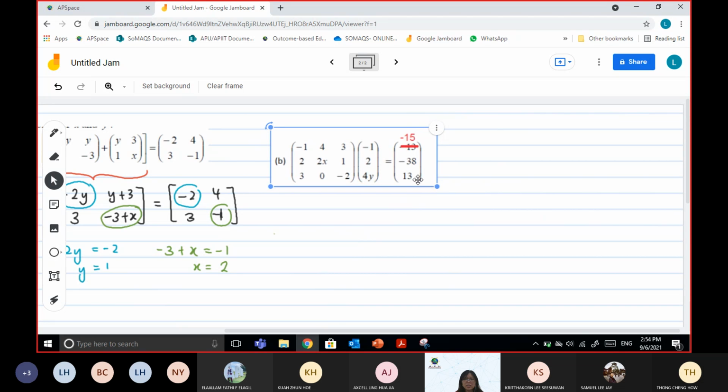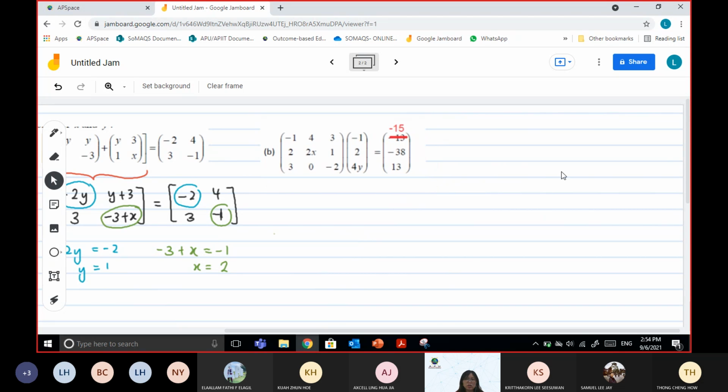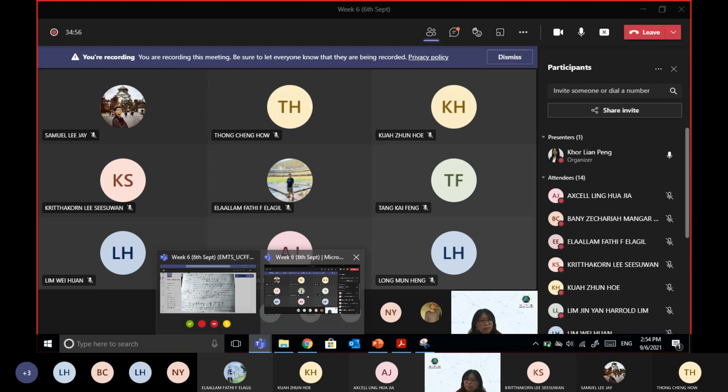These questions involve the multiplication of matrices. So now you have to take the multiplication of these matrices. Can I have a student tell me this?